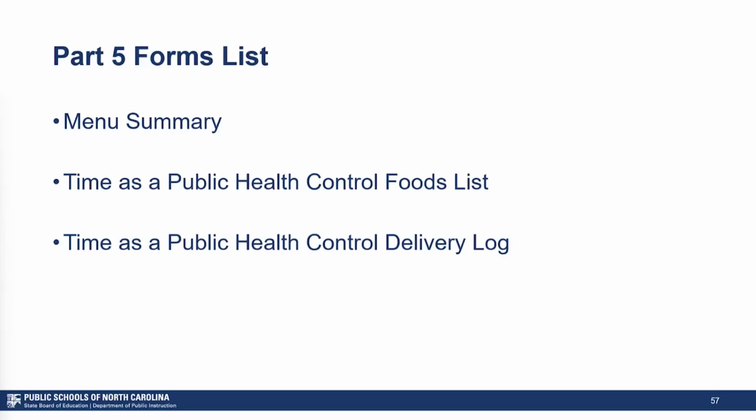The menu summary, I will mention again, is optional for listing out each recipe by HACCP process category. It's not commonly used as most SFAs have transitioned to an electronic database for storing and using their recipes.